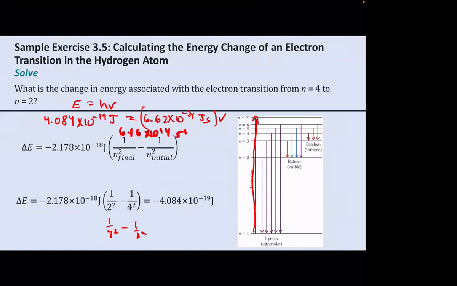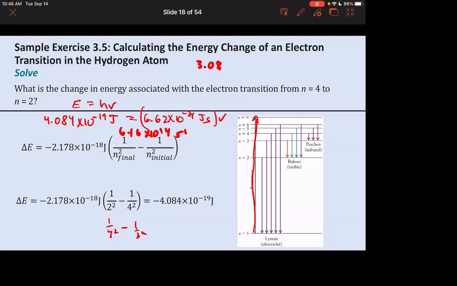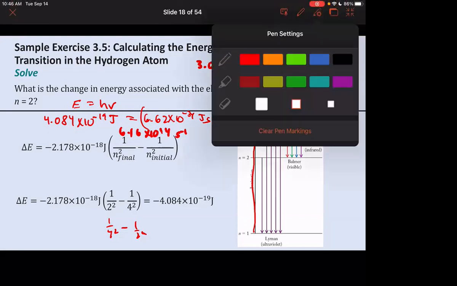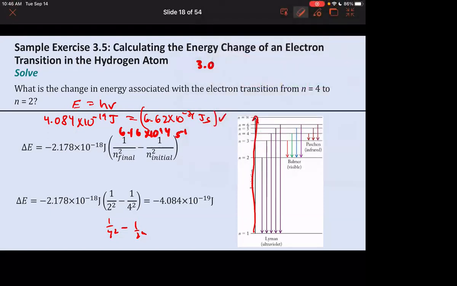And now we're just going to do c equals lambda nu. So we've got 3.0 times 10 to the 8th meters per second. So I'm just doing c equals lambda nu, equals lambda times 6.16 times 10 to the 14th seconds to the minus 1.